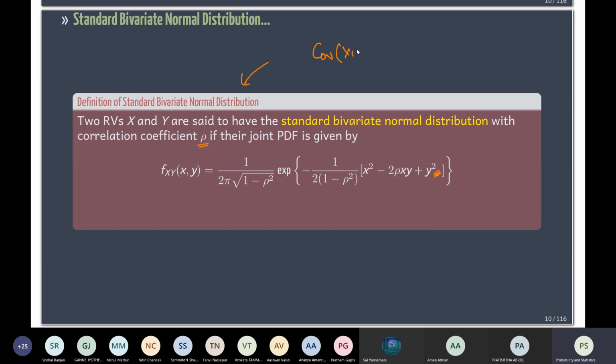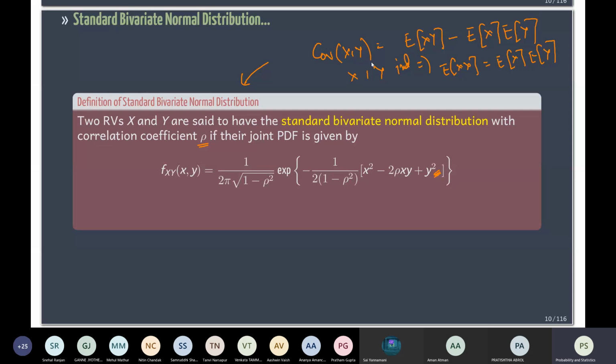The covariance of XY was the expectation of XY minus the expectation of X times the expectation of Y. If X and Y are independent, then the expectation of XY is the expectation of X times the expectation of Y, so this goes to 0. The covariance becomes 0, so the correlation will be 0.